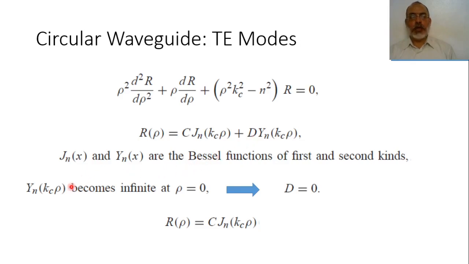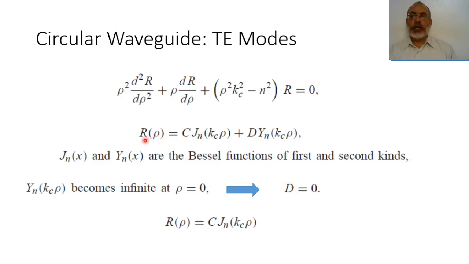That's what we are saying. Yn for any order n of kc rho becomes infinite at rho equals 0. So to make the field finite along the axis of the circular waveguide, the coefficient d must be 0.